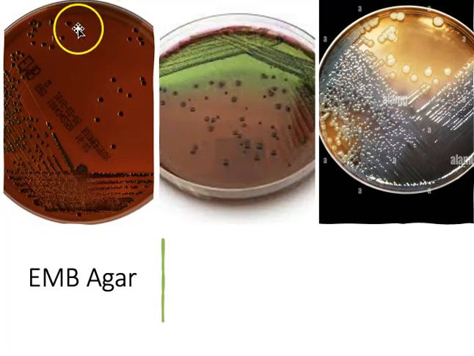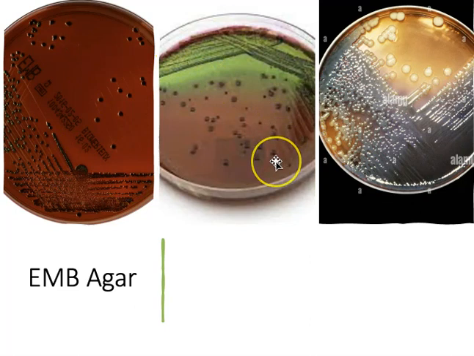We know that if anything grows on EMB, it must be gram-negative and enteric. It must grow in the gastrointestinal tract normally. These colonies are also purple. That tells us that whatever this is, it's a gram-negative enteric coliform. It's able to ferment the lactose that's present in the media.